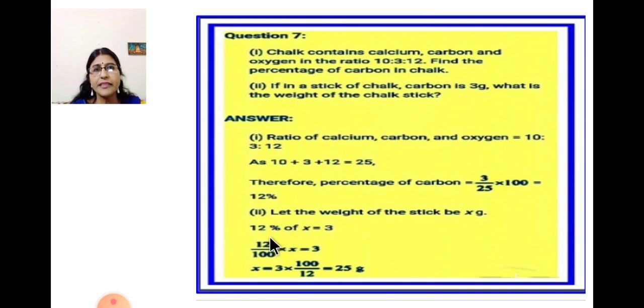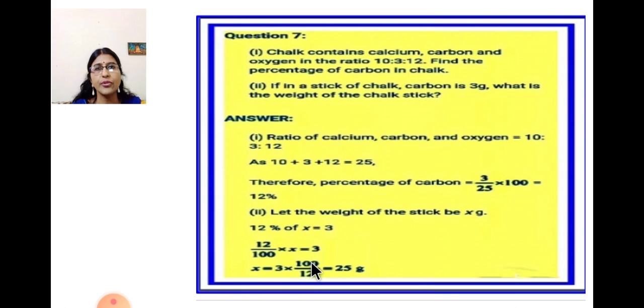And now 12%, you know that is 12 upon 100 into x, which is the weight of the chalk which we have to find out, and that is equal to 3. 3 is given, 3 is the weight of the carbon. So we'll write here equal to 3. And then x is equal to, x will keep here, and 3 we will write first. This we will bring to this side. So when you bring it to this side, 12 upon 100 will become 100 upon 12.